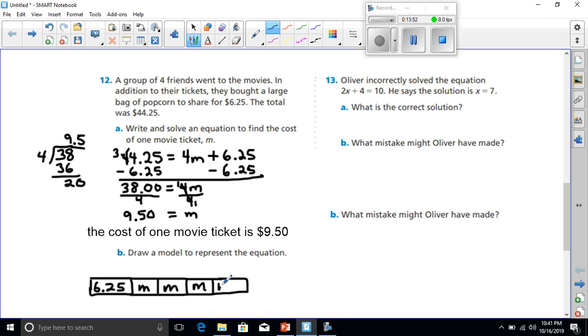And this is going to represent 4 movie tickets plus $6.25 for popcorn. And then I would say that all this has to equal $44 and 25 cents. That would be my model.